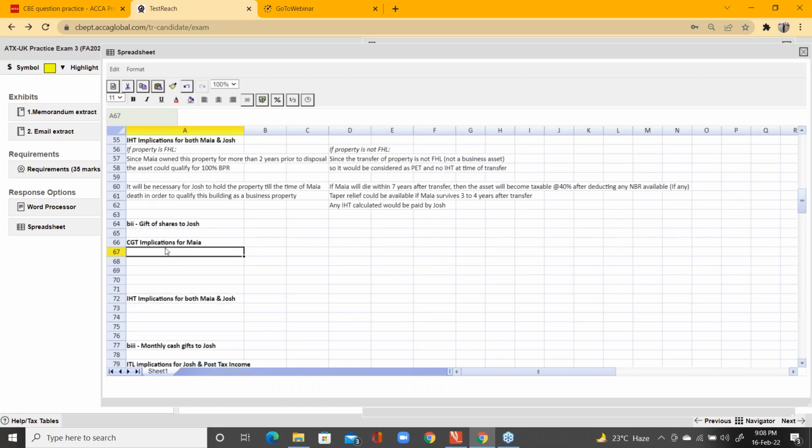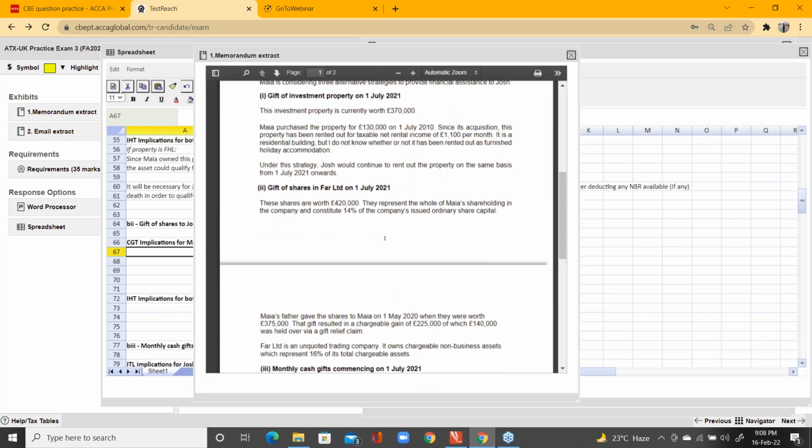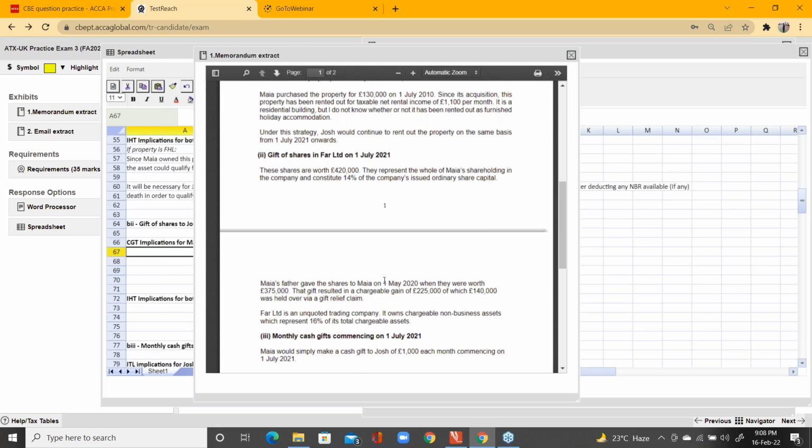So on the gift of shares to Josh, as you can see, these shares were transferred by Maya's father on 1st May 20, and these shares are of an unquoted trading company. Unquoted trading company shares are always treated as business assets.